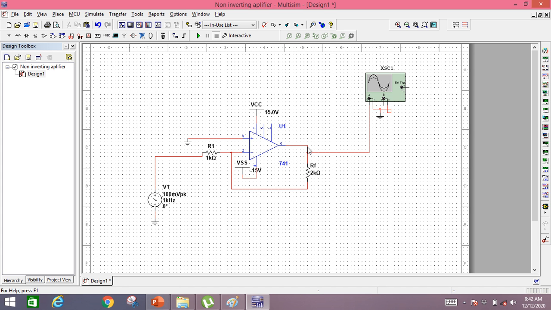A channel is used for the output. We will use B channel for the input.